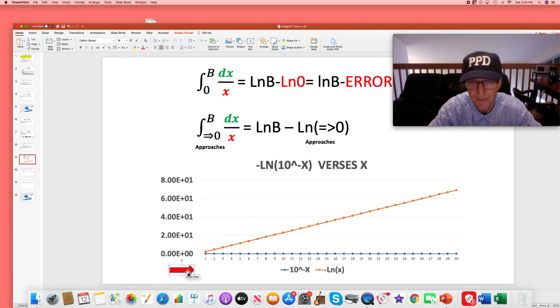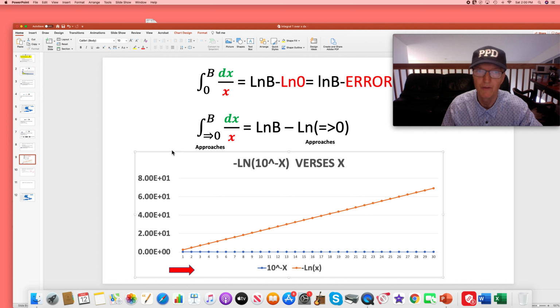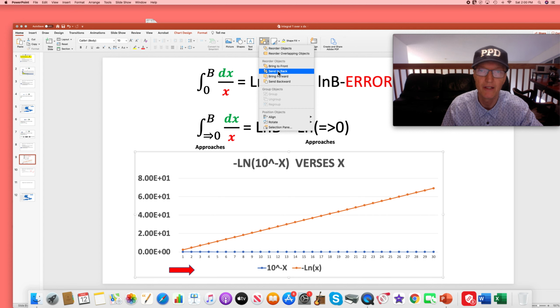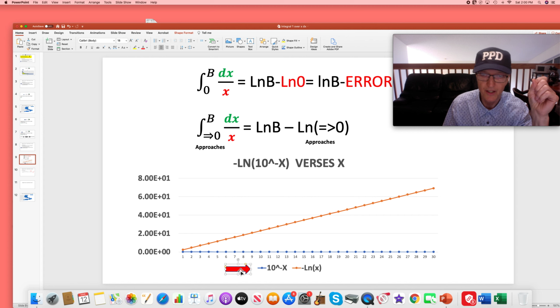And then on the bottom axis, I'm plotting 10 to the minus x, with minus ln x, so this value here, 10 to the minus x, ln x, minus ln x.